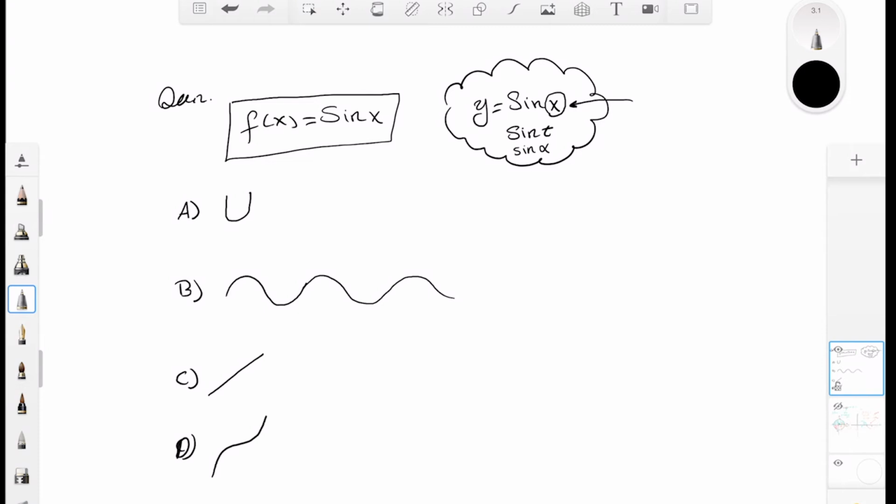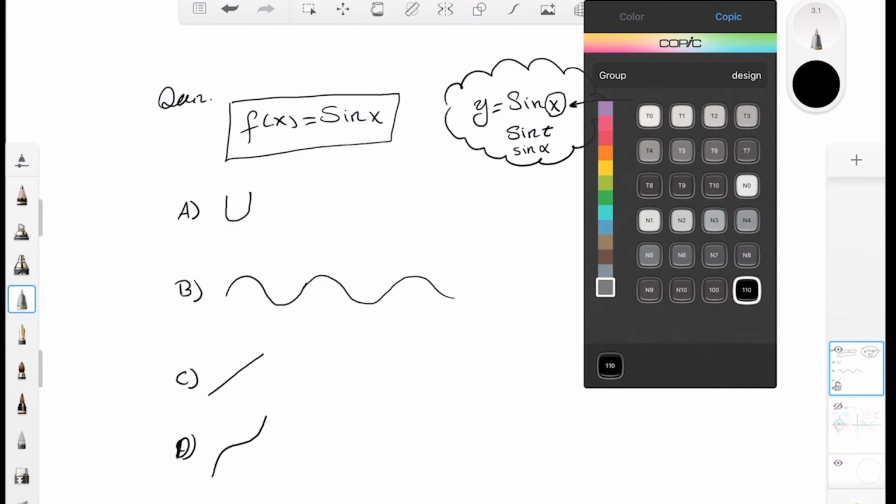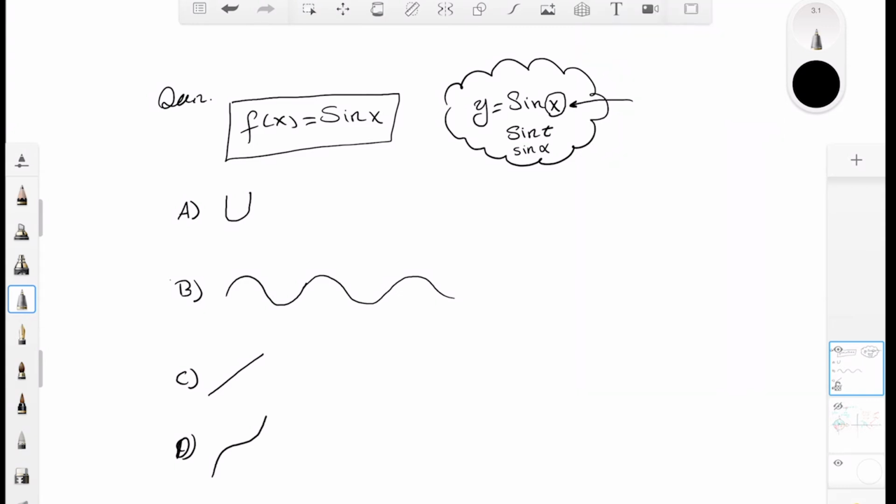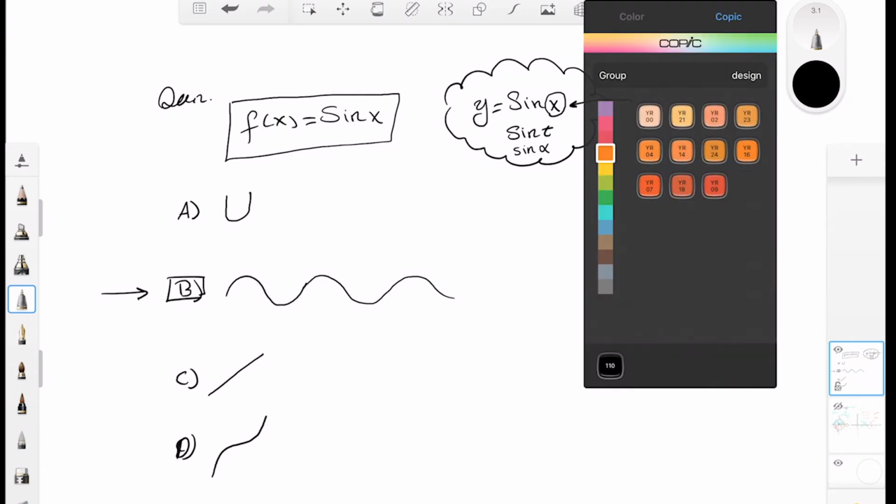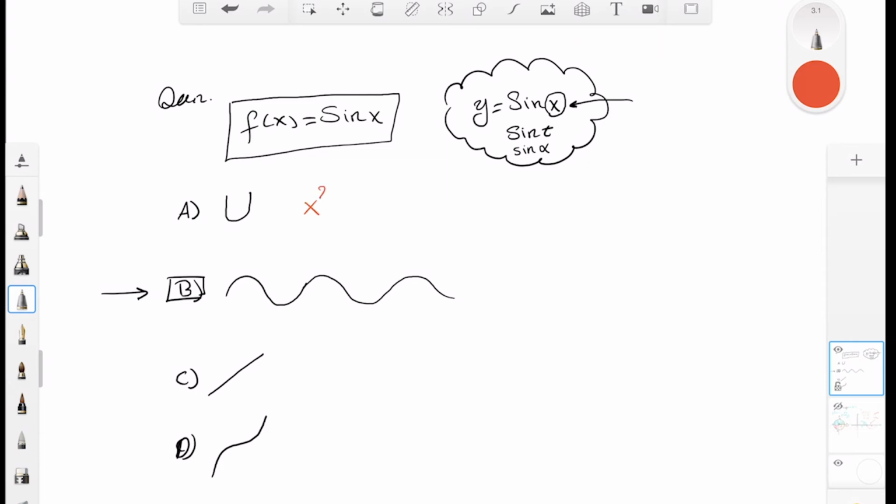A, B, C, or D? Very good. The answer is B. We know that sine of x is a periodic function, and it looks like this. Definitely it is not A. A is quadratic, and the equation should be in the form of x squared. C is like mx plus b, and D might be x cubed. So when you see a curve like this, in this example, it's the best fit for sine of x.